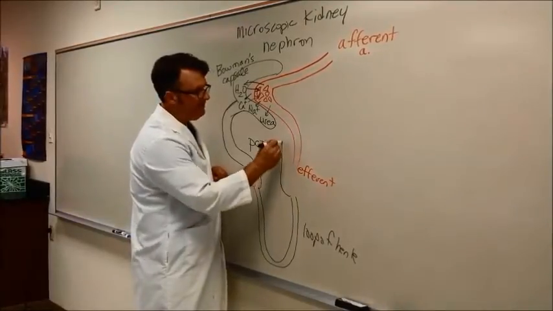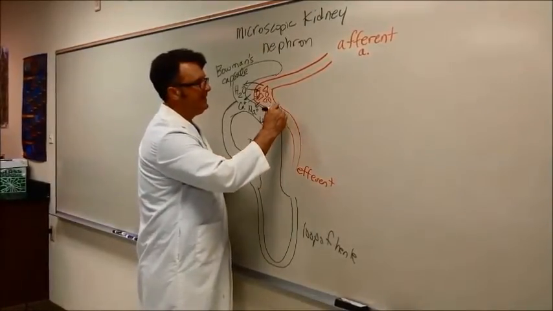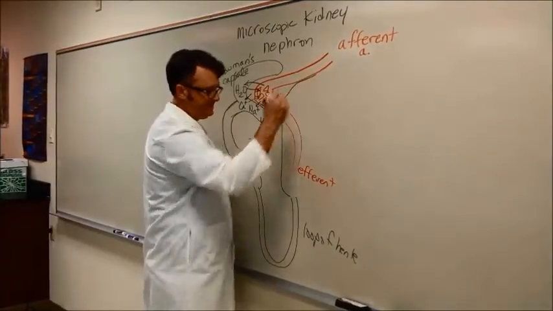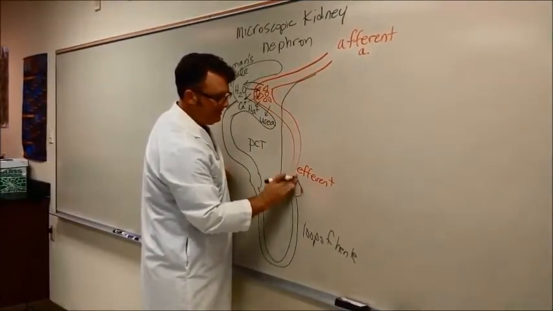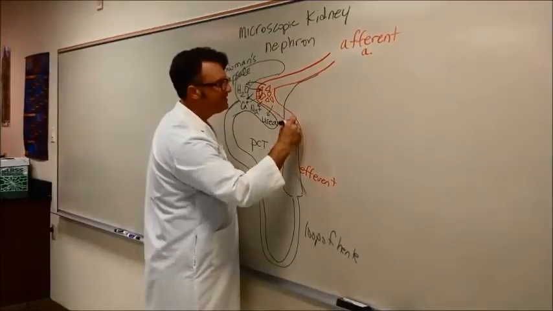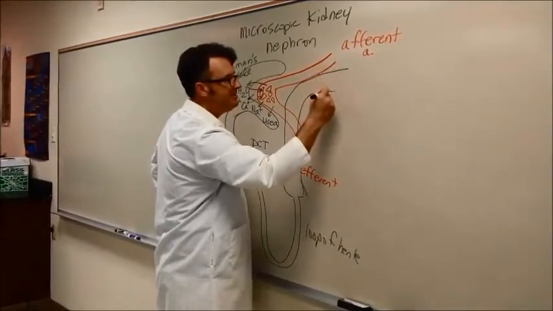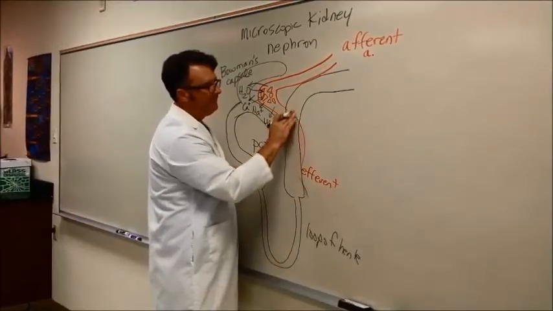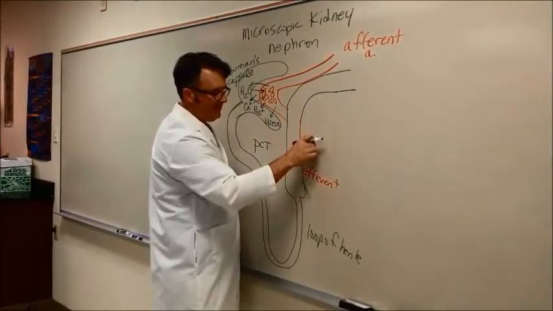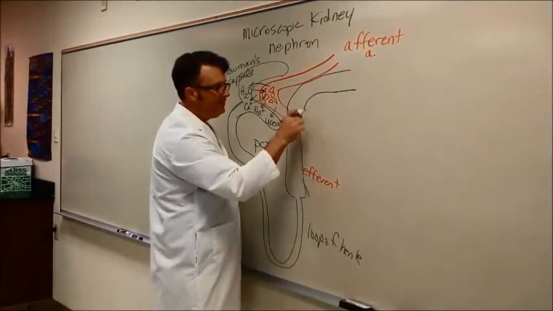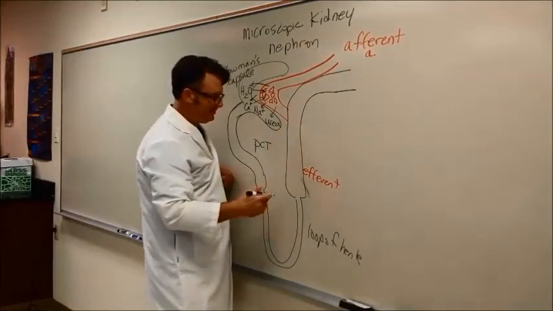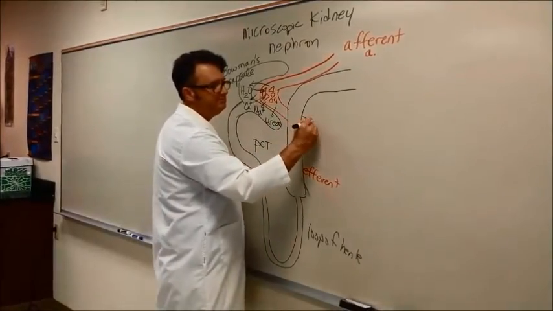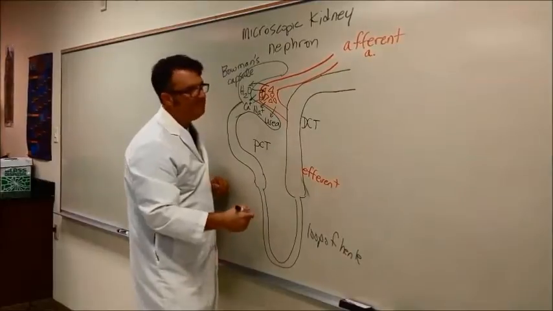There is a thick ascending limb that kind of comes back past this area. I'll have to draw over this, and I'll have to draw it later. This is the thick ascending limb, or the thick part of the distal convoluted tubule, the thick ascending limb.